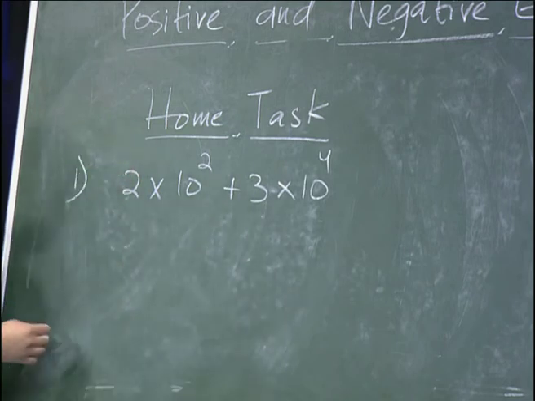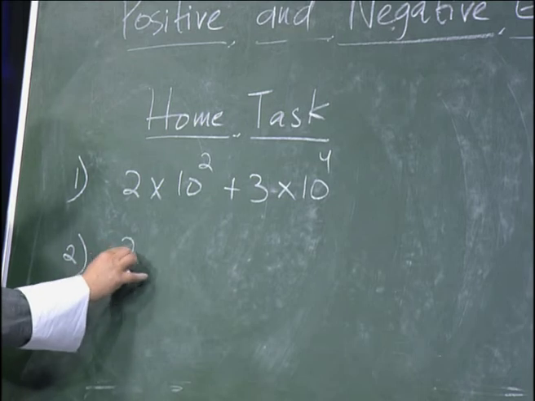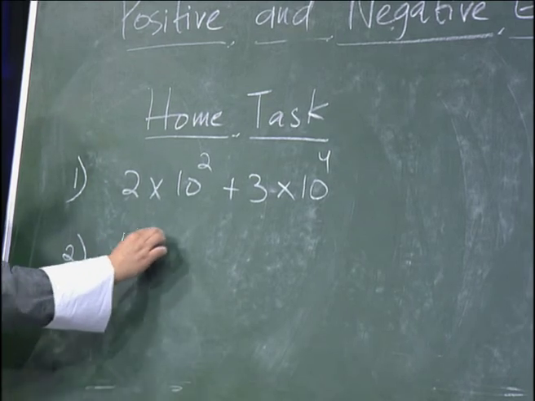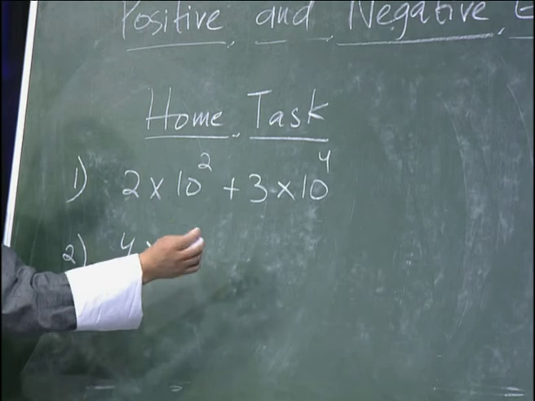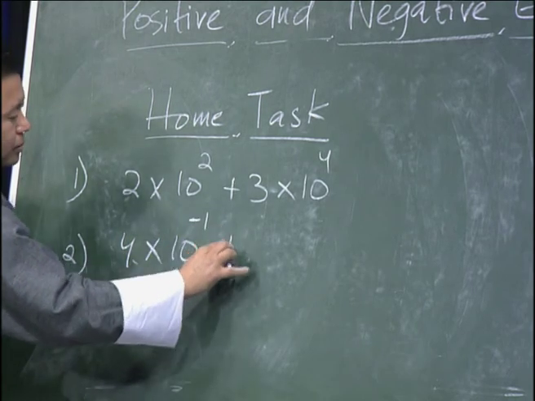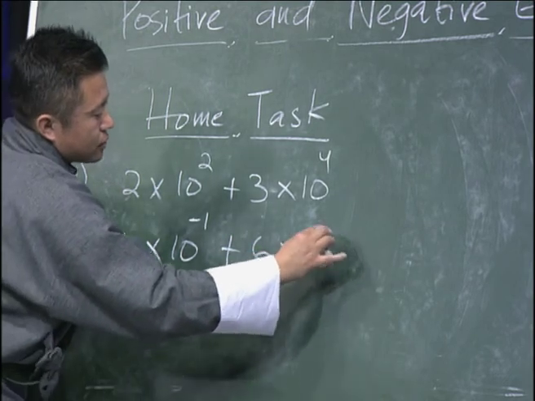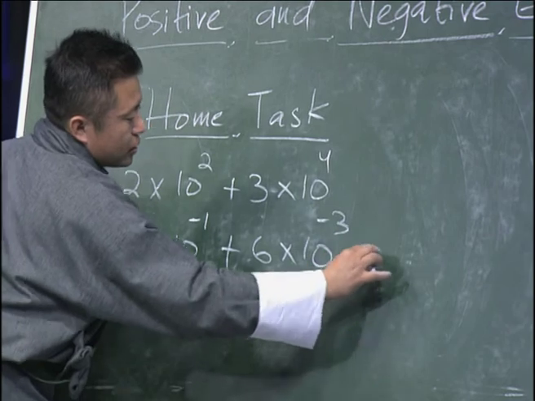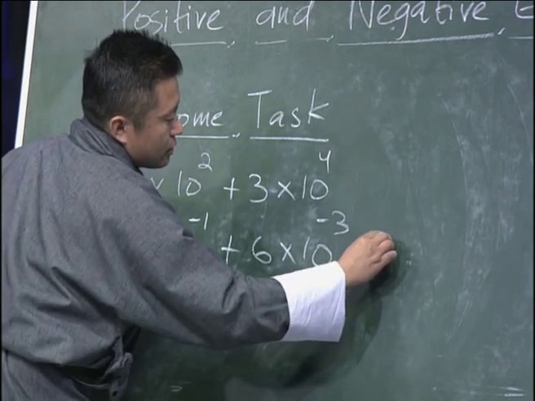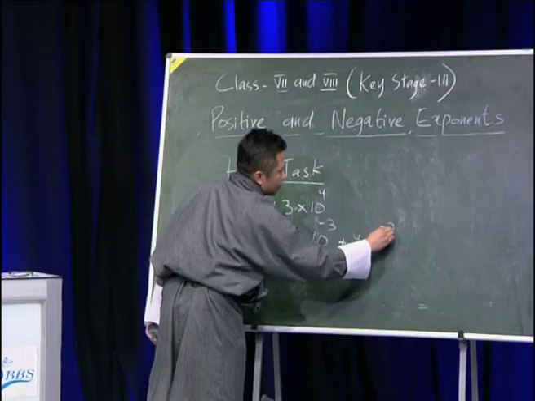This is for positive exponents. 4 times 10 raised to negative 1 plus 6 times 10 raised to negative 3 plus 4 times 10 raised to negative 2.